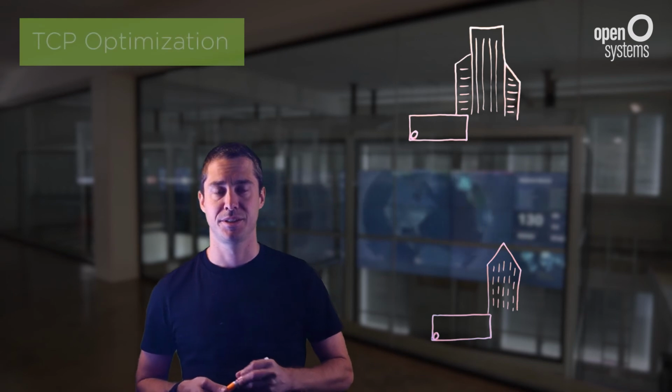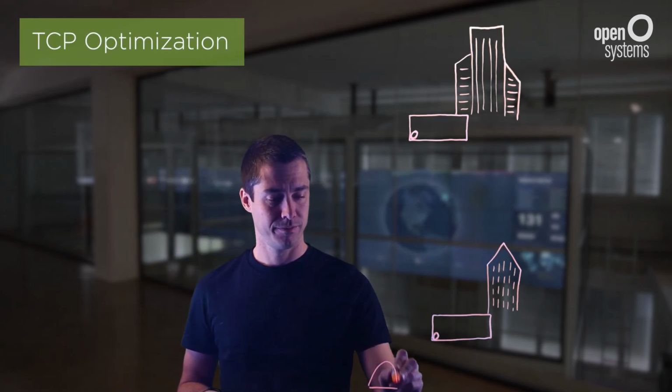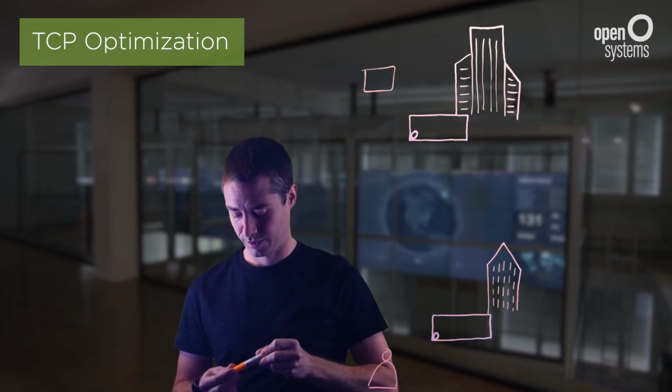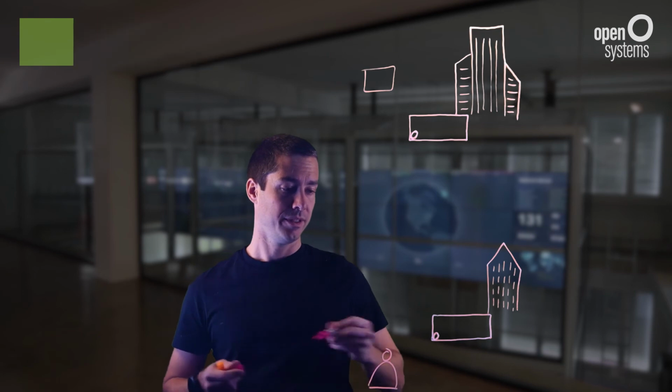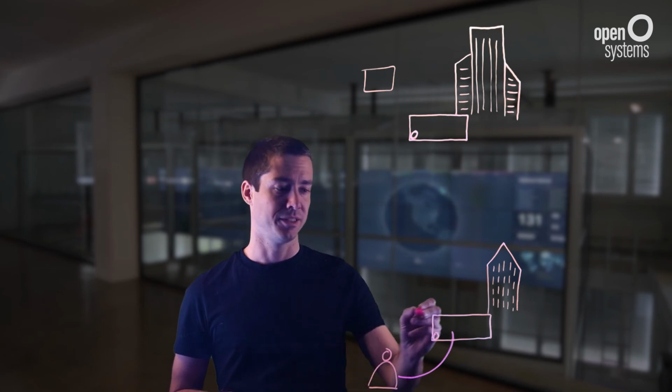Application optimization is based on TCP optimization. So whenever a client establishes a connection to a server, we will intercept that session and establish a new session between the Open Systems edge devices.